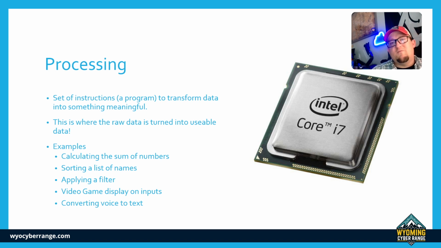Heck, even playing a video game, the inputs to the video game are going to be something that needs to be processed so that we can utilize it. Also, anytime you convert voice to text or your keystrokes to text, all of these need to be processed by the processor in order to make it usable.